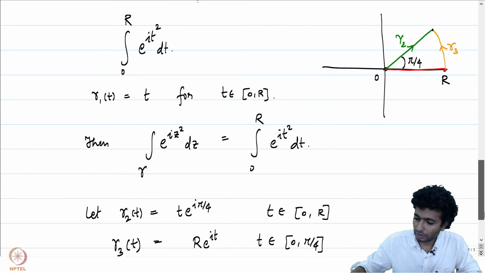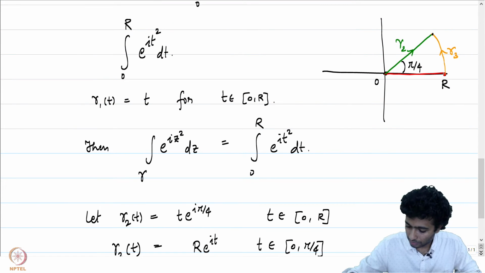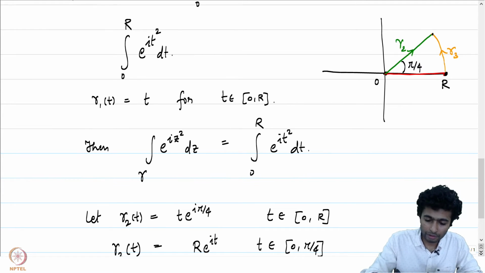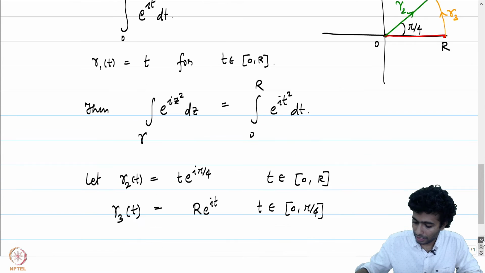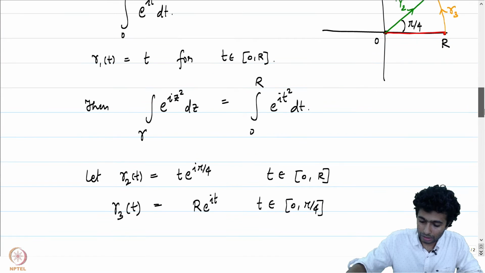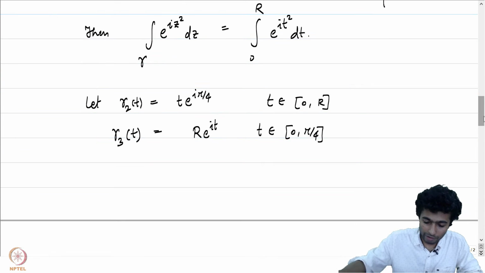This is exactly the gamma 3 that we have described. Gamma 2 of 0 is this point, and gamma 2 of pi by 4 is going to be R e to the power i pi by 4. So yes, we have obtained the right parameterizations that we are interested in.